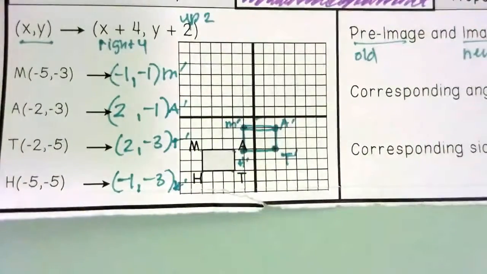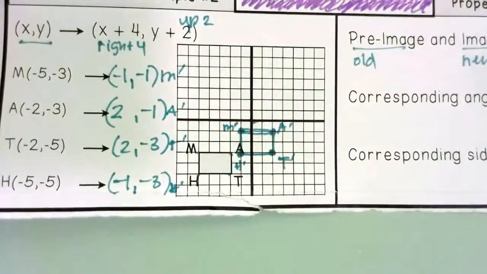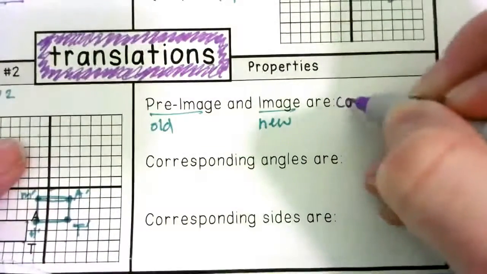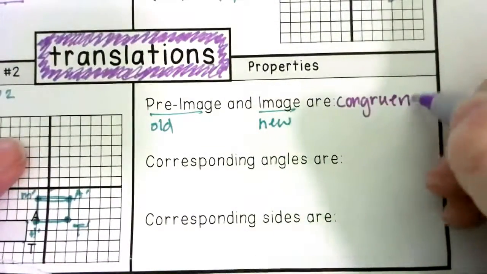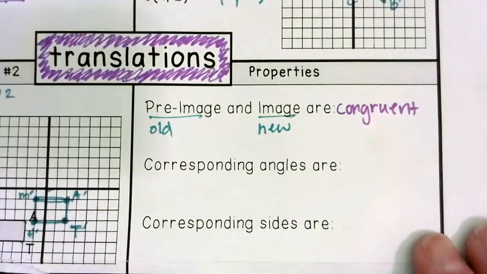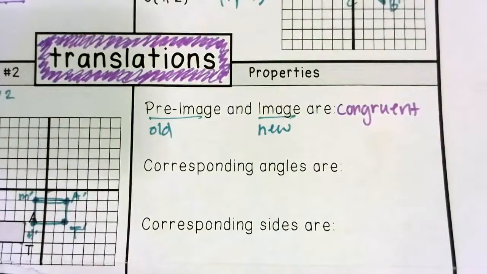Are they the same? Are they congruent? If they're congruent, that means they're exactly the same shape and size. And they are. So pre-image and image are congruent. So if you have congruent shapes, that means they're the exact same shape.